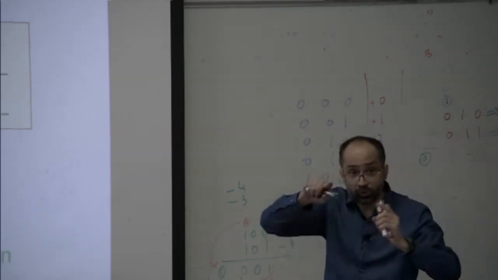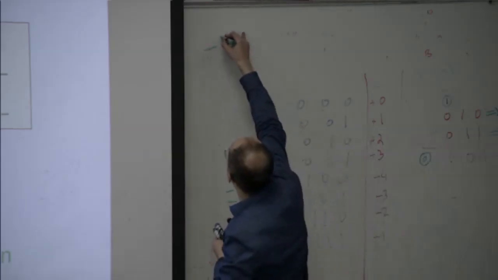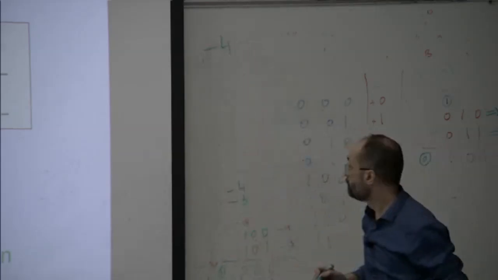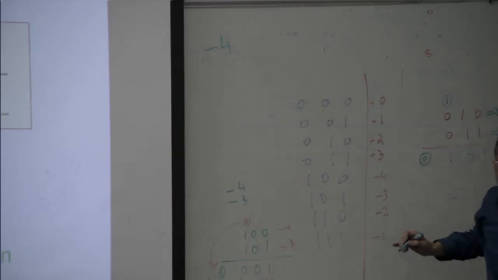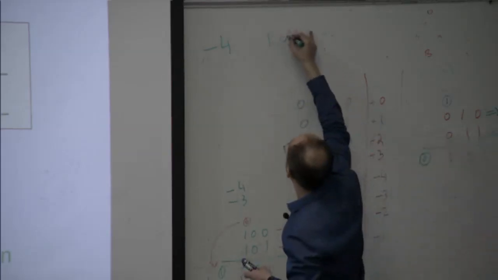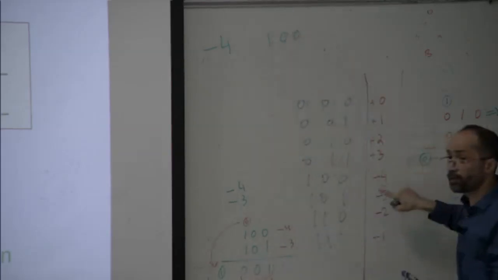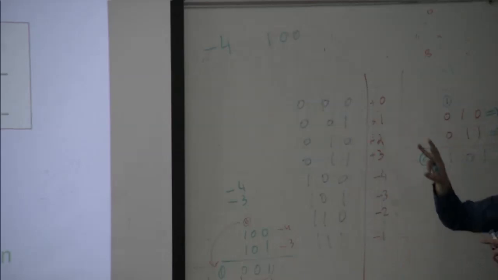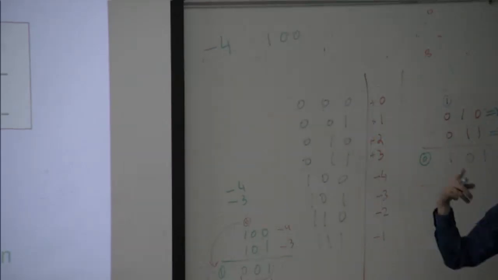Okay, now take another example. This is a very classical example. So we are adding -4. What is the code for -4? 1 0 0. You can try with a lot of combinations. Please go home and try a lot of these combinations, and then you'll learn a lot.